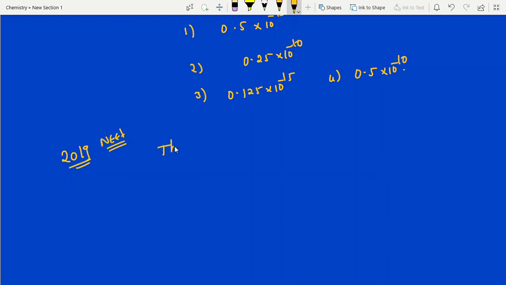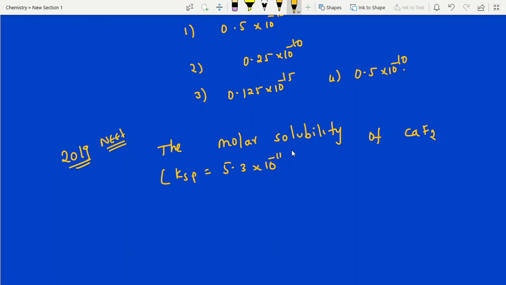The molar solubility of calcium fluoride, its KSP value is 5.3 into 10 to the power of minus 11, in 0.1 molar solution of NaF, common ion.